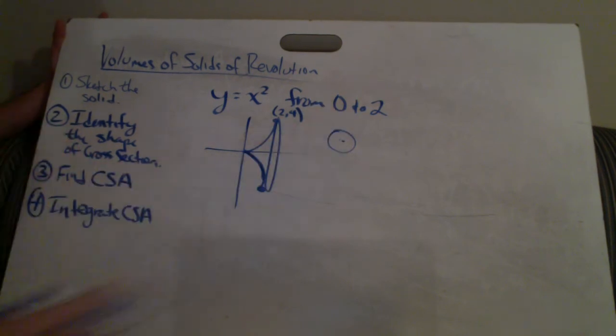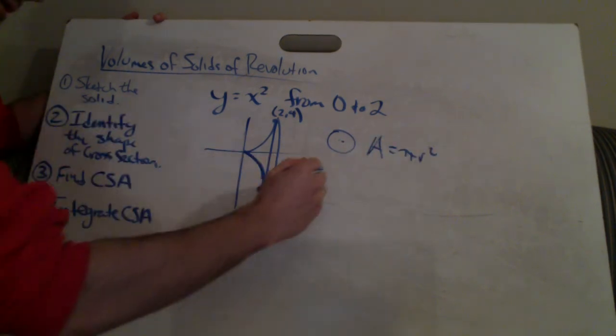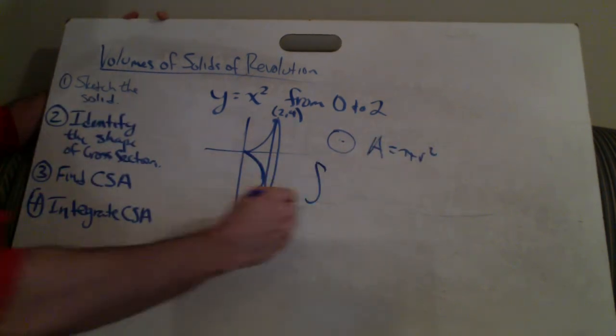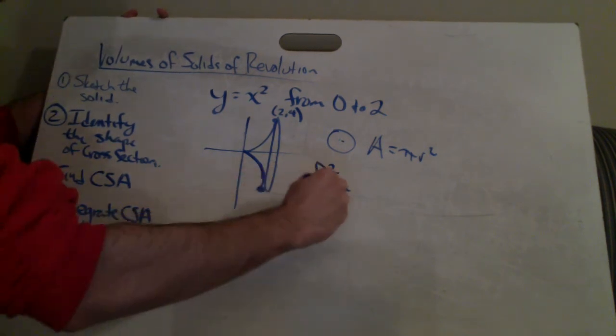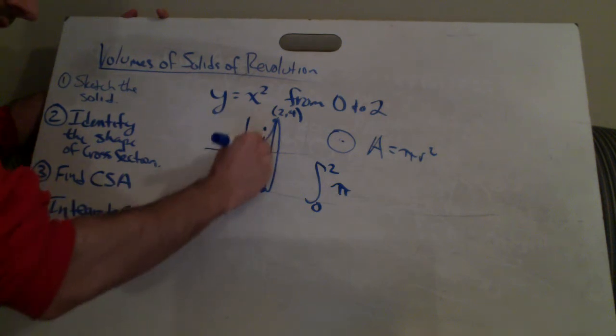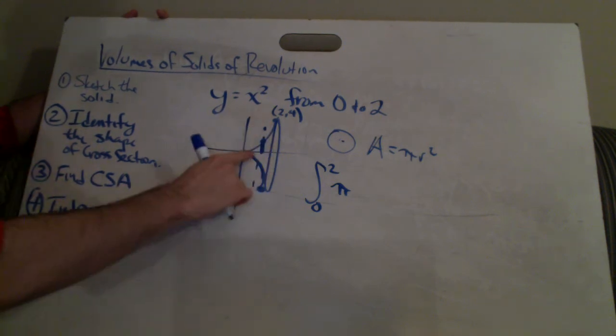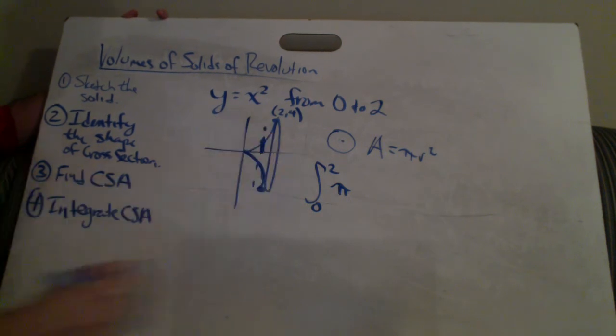So I know the area formula for the circle is pi r squared. So now I'm going to add all of those areas together. I'll go from 0 to 2. I'll get my pi times the radius of any random cross-section. So if I'm at some random point x, the value of this radius is x squared.